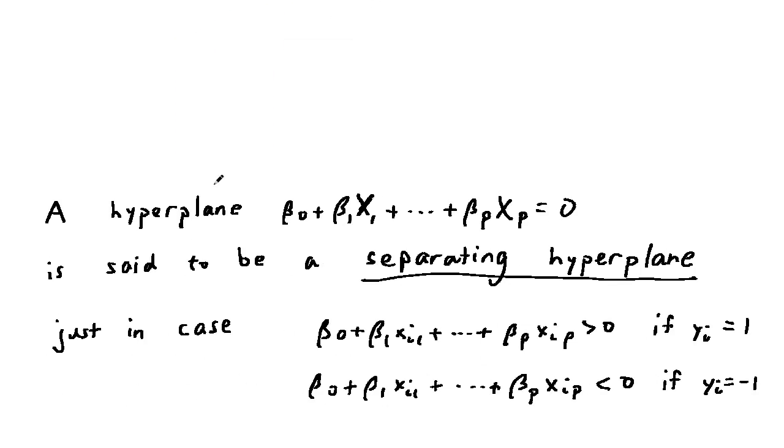A hyperplane, beta 0 plus beta 1 x1 plus dot dot dot plus beta p xp equals 0, is said to be a separating hyperplane just in case beta 0 plus beta 1 xi1 plus dot dot dot plus beta p xip is greater than 0 if yi is 1, and it's negative if yi is negative 1.